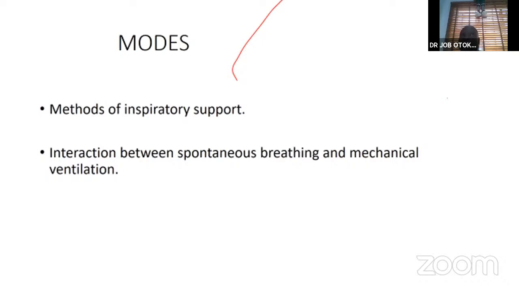All the modes we're talking about is that interaction between the effort the patient makes and what the ventilator provides. So that's what it means by the modes. And don't forget that in defining the modes, whatever mode you're using, there are two things involved in it. Are you presetting pressure or are you presetting volume?